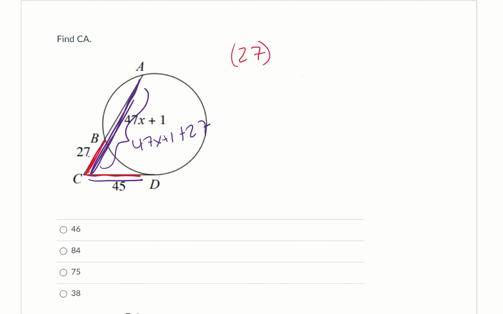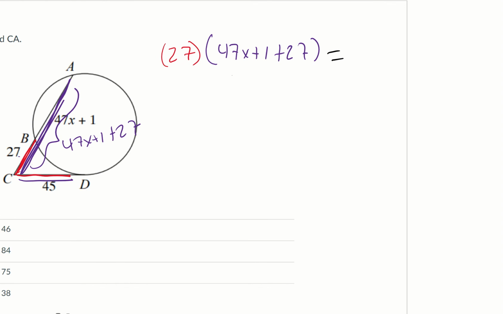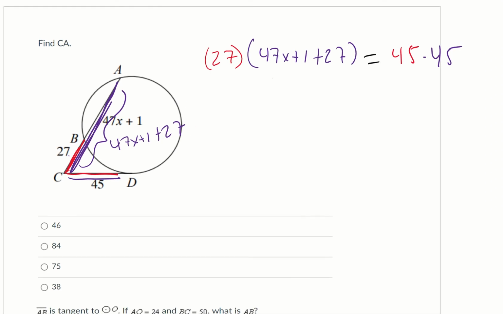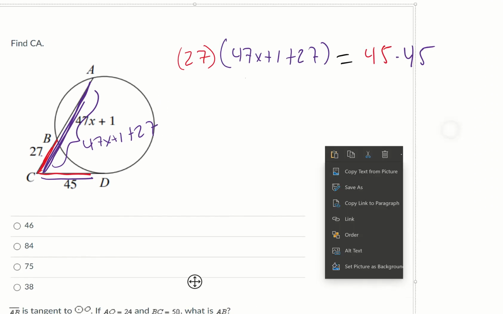So we got 27 times 47x plus 1 plus 27, the entire thing, is equal to the product of the 45 times the whole thing, which is another 45. And there's your equation, and that's for intersecting segments of a circle on the outside.